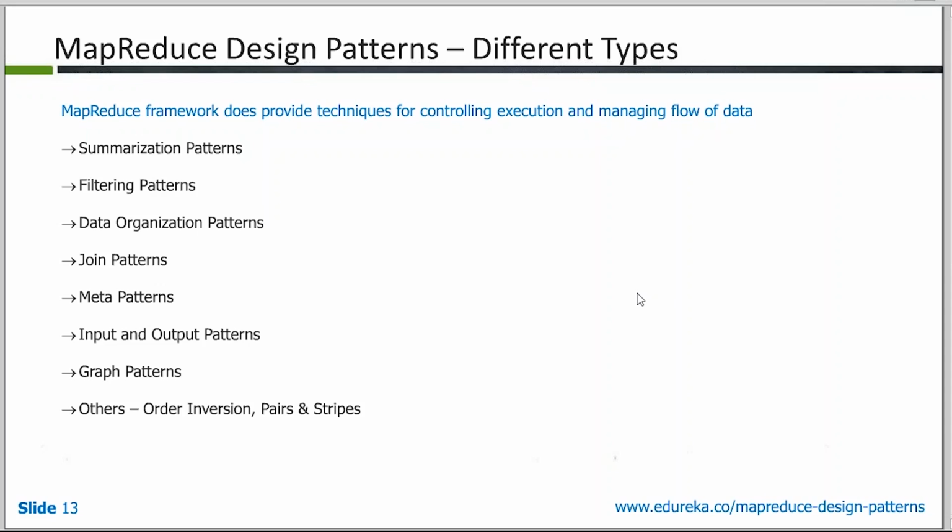Data organization patterns. Let me give you an example. These patterns don't exist in isolation. They are part of a bigger system. You might have a system which deals with more unstructured data, data in hierarchical form.